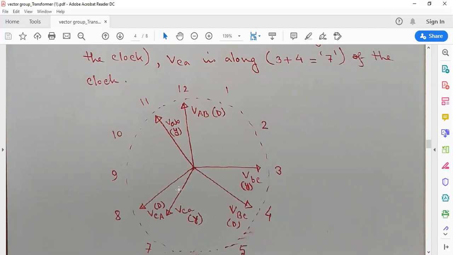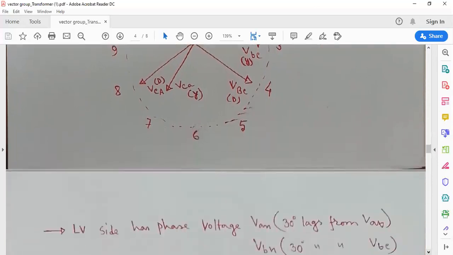Now we have completed many parts of our task. All the line to line voltages of the high voltage side and low voltage side are drawn, and the phase voltages of the high voltage side are its line to line voltages, so we do not need to worry about that. The next task is drawing the phase voltages of the low voltage side.